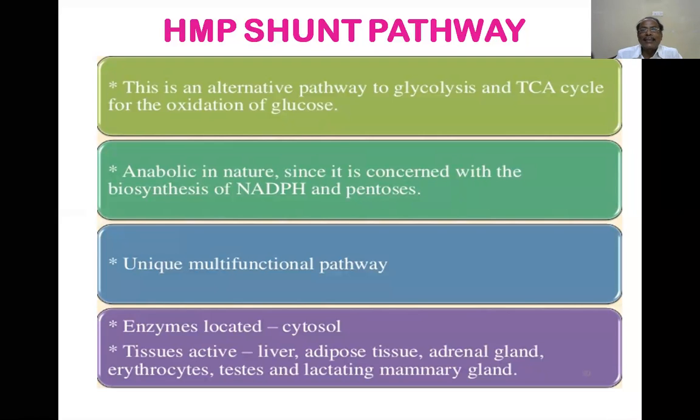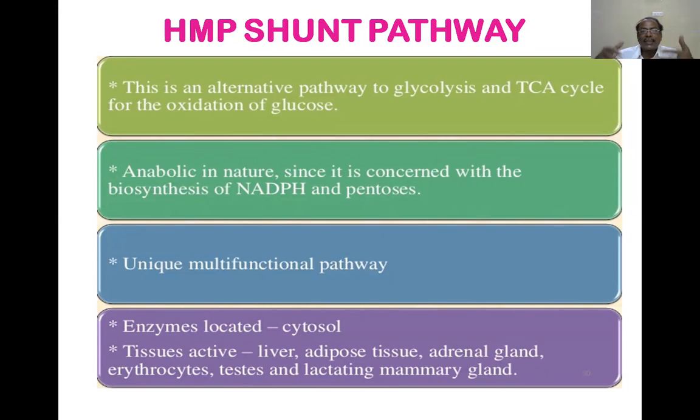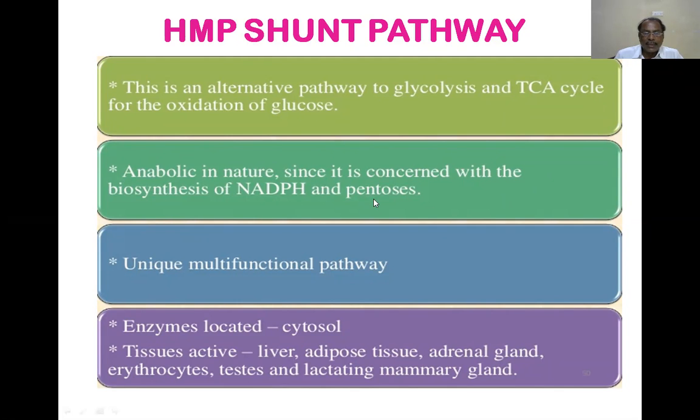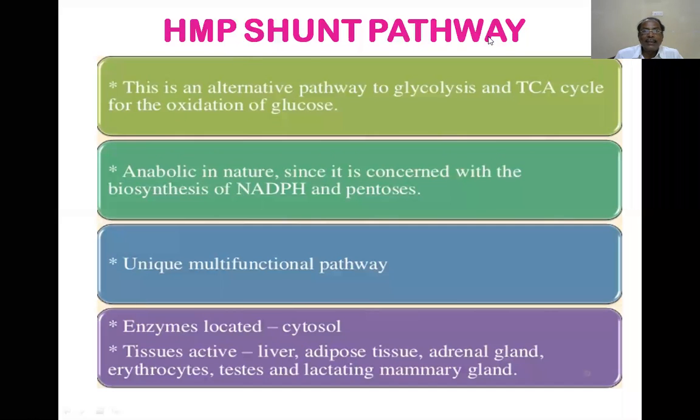When the cells are dividing and producing newer cells. When cells produce daughter cells in the process of cellular multiplication, pentoses are needed. So these two substances are produced in this alternative pathway, the HMP pathway.